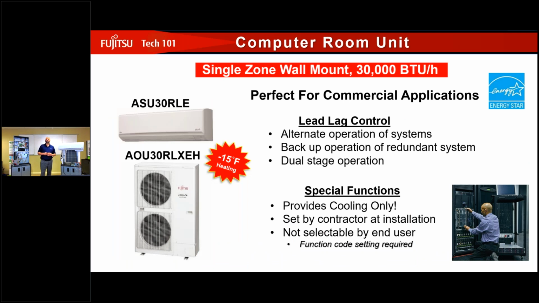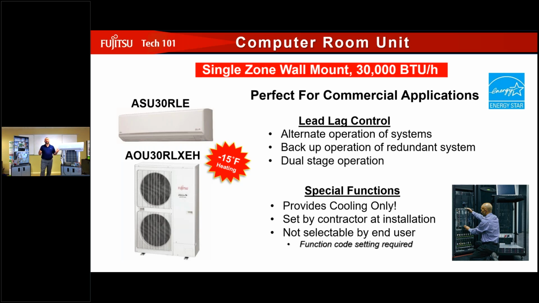So another thing with these pieces of equipment, let's say you have a larger room that is going to need more than a 30,000 BTU capacity to cool that server room environment. We do have the ability to daisy chain the wiring between the two units, and now that will allow us to have lead lag control.